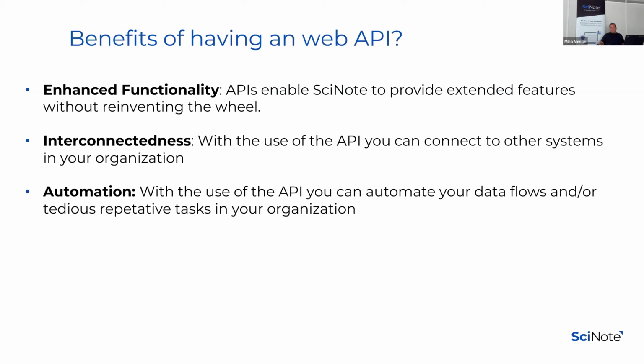And the third one, which is of course connected to the previous one, at the highest level offers you the ability to automate your processes or data flows, or automate repetitive tasks that people must do, and hence skip the opportunity for human errors.